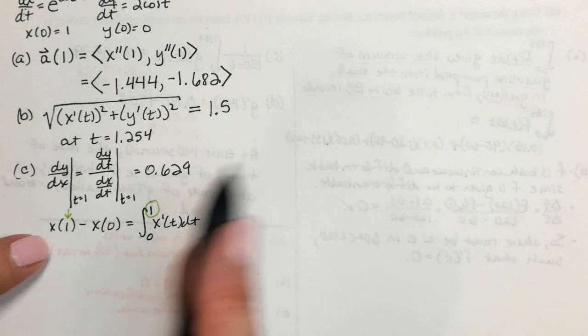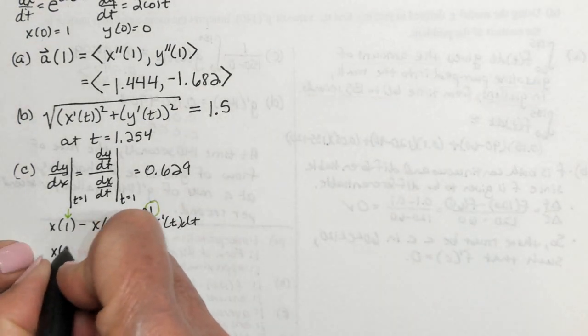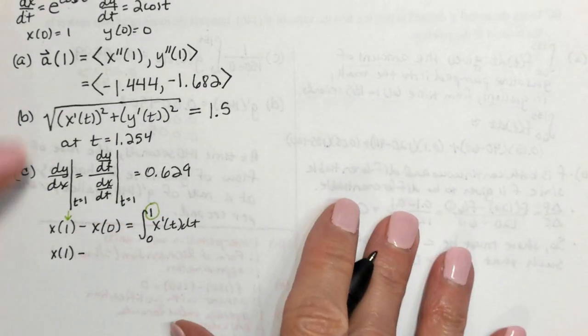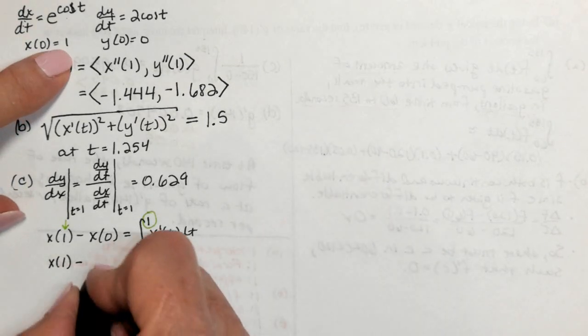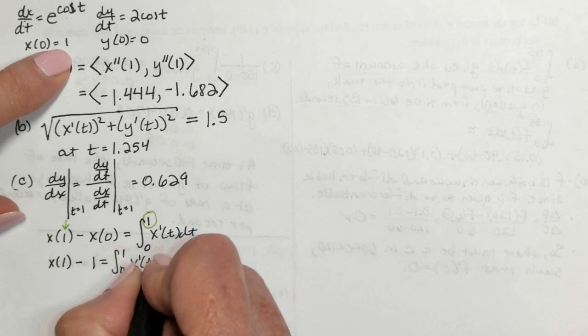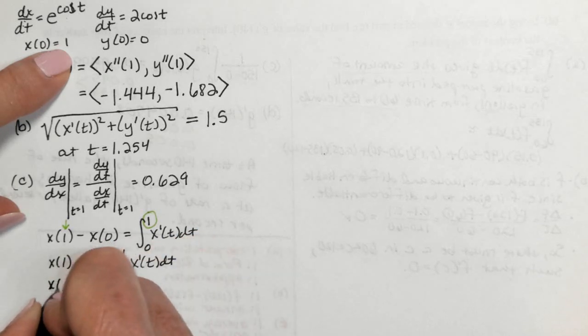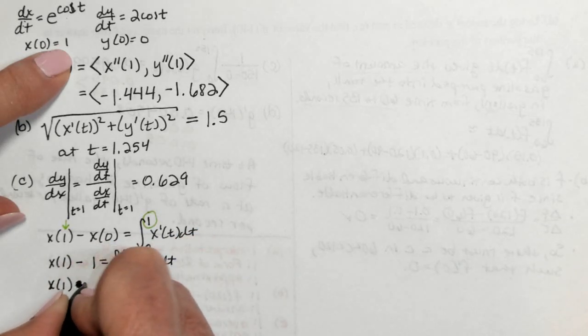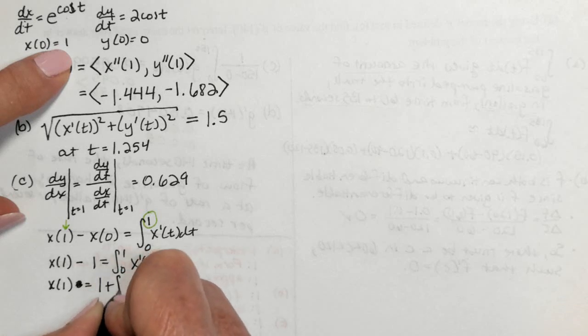Okay? So we want x at time 1. They told me that x at time 0 was 1. So x at time 1 is equal to 1 plus this integral.